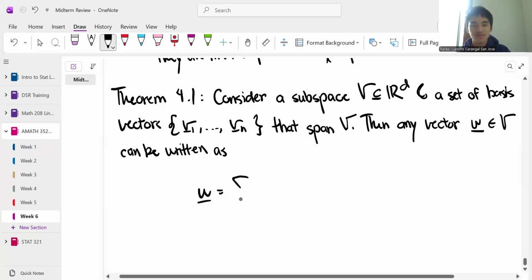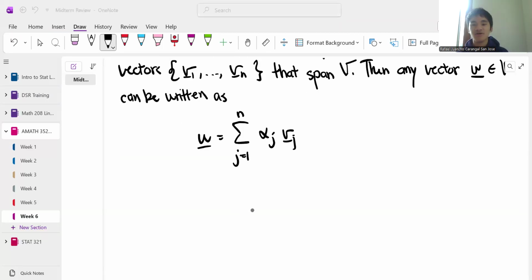W is a summation, a linear combination of the Vj, right? So W can be written as a linear combination of the basis vectors that we have. Okay.